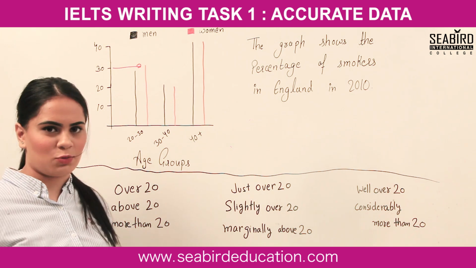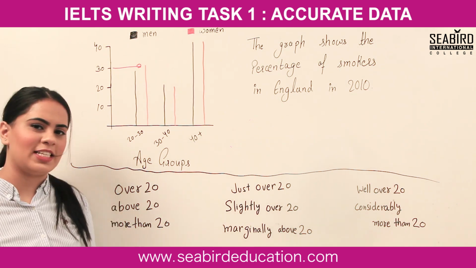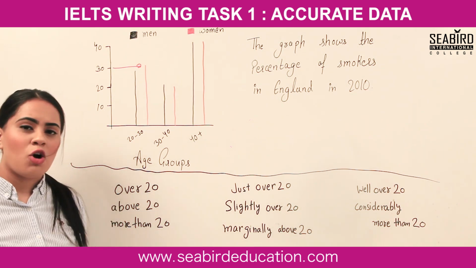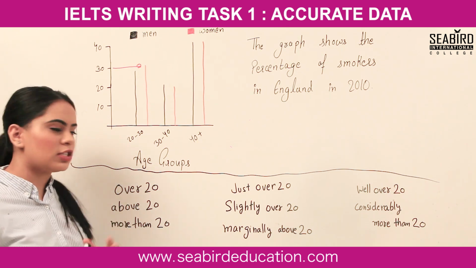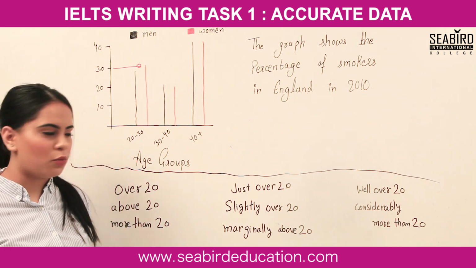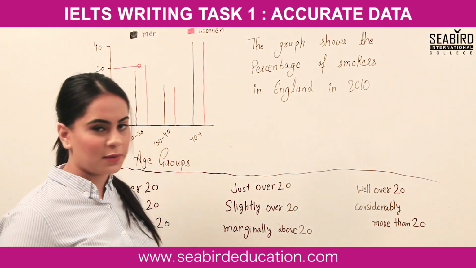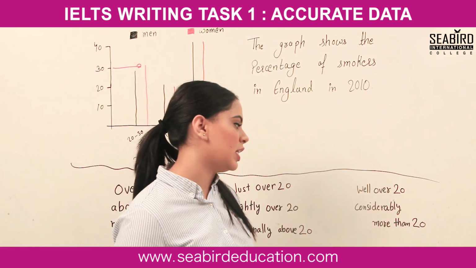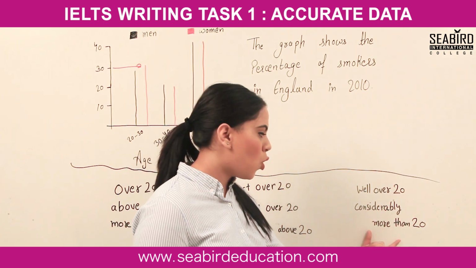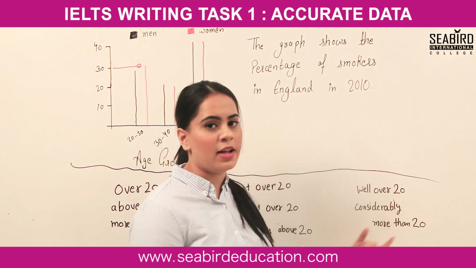So we can use these expressions: over 20, above 20, more than 20, just over 20, slightly over 20, marginally above 20, high band score, well over 20, considerably more than 20, again, high band score.